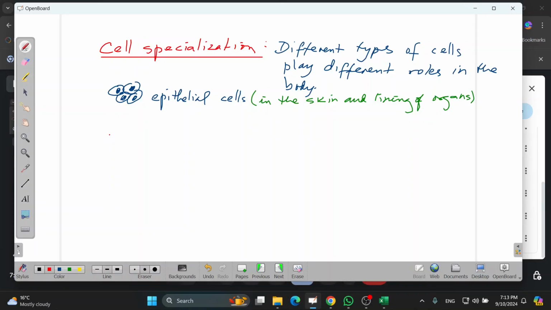We have muscle cells, which are kind of long like this. Those are muscle cells, you see, long like that. Muscles, of course.